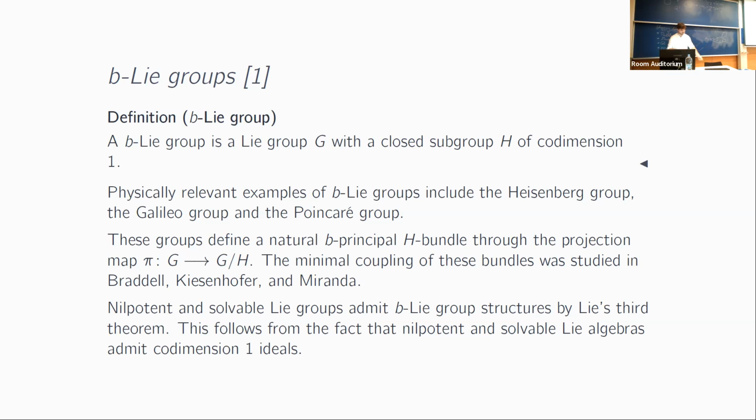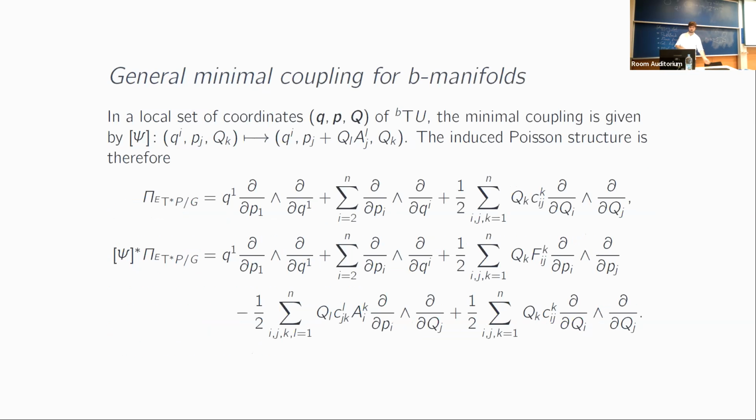And another physically relevant problem is, for instance, we can compute the general minimal coupling for a b-manifold. Locally, the expression of the minimal coupling is given by coupling the canonical momenta with a connection, with the charges and the connection. And then you basically do some computations and show that the induced Poisson structure is the one we can see down there.